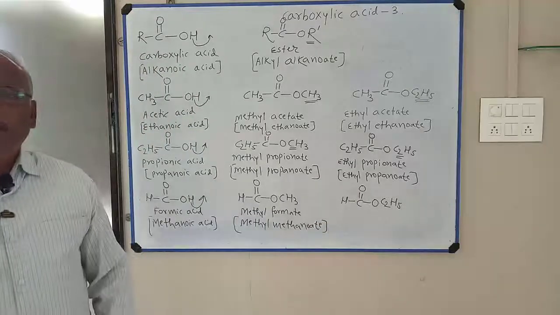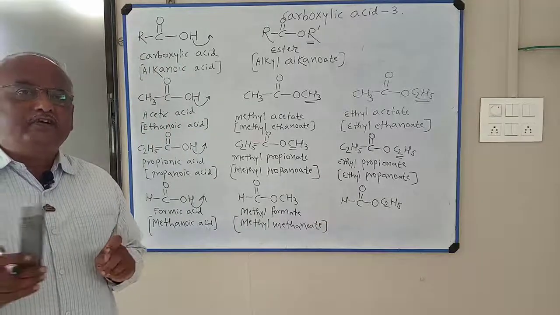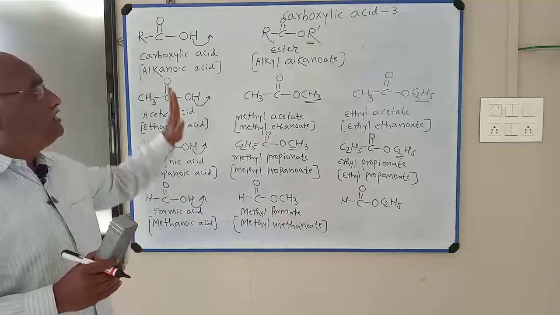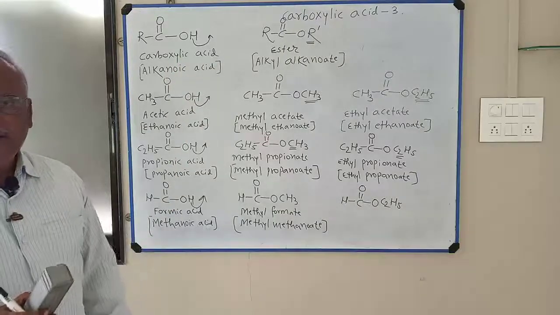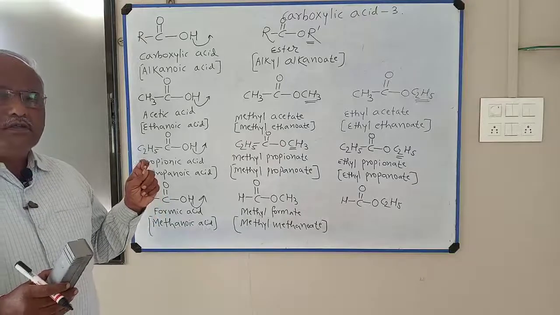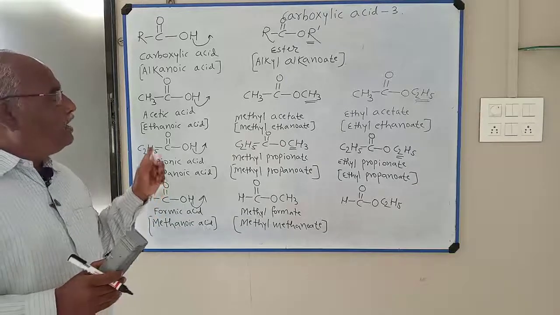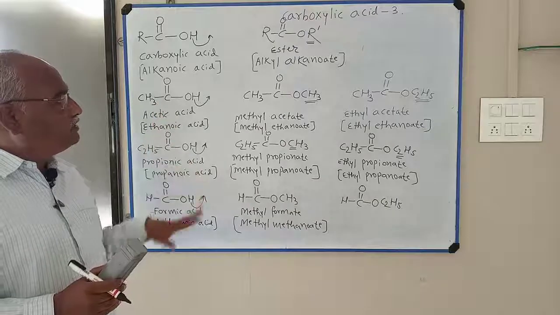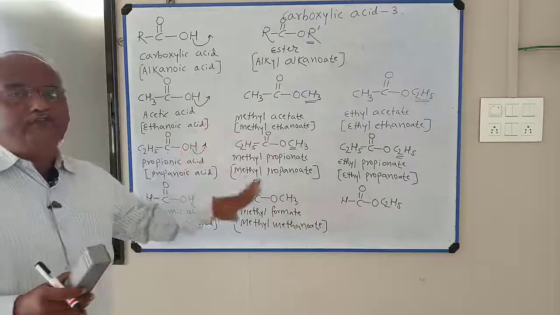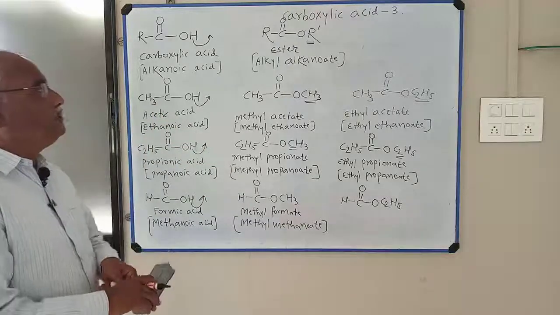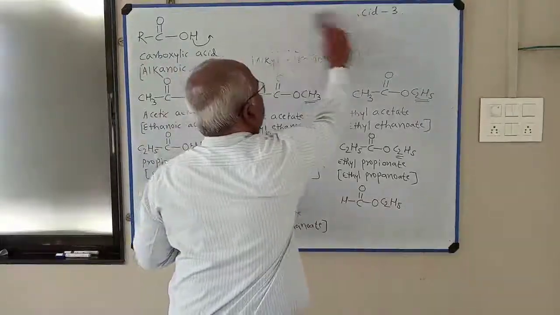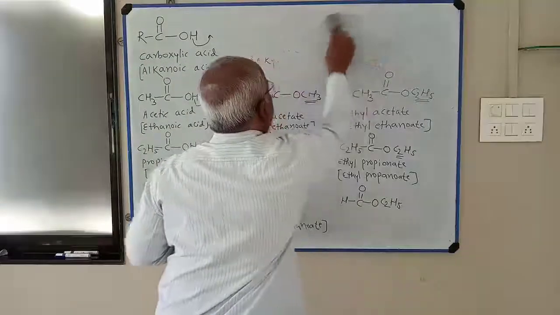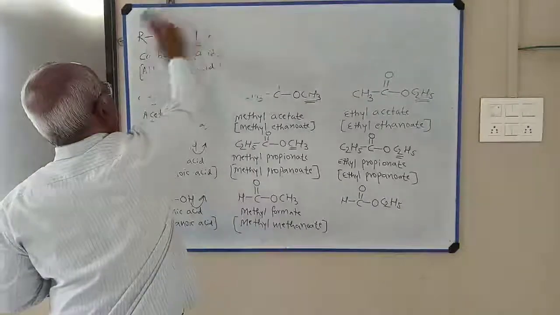Up till now I have discussed the nomenclature of ester in detail. Repeat this video and again learn the nomenclature of ester. If it is complete, then I will explain the fifth method of preparation from this ester.